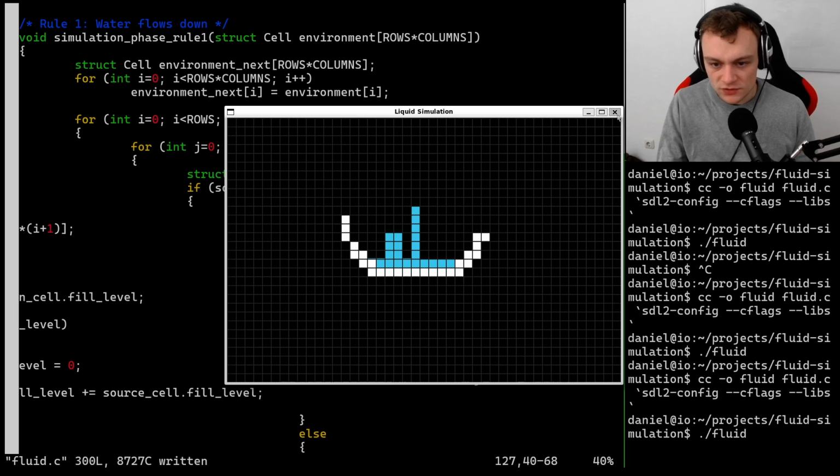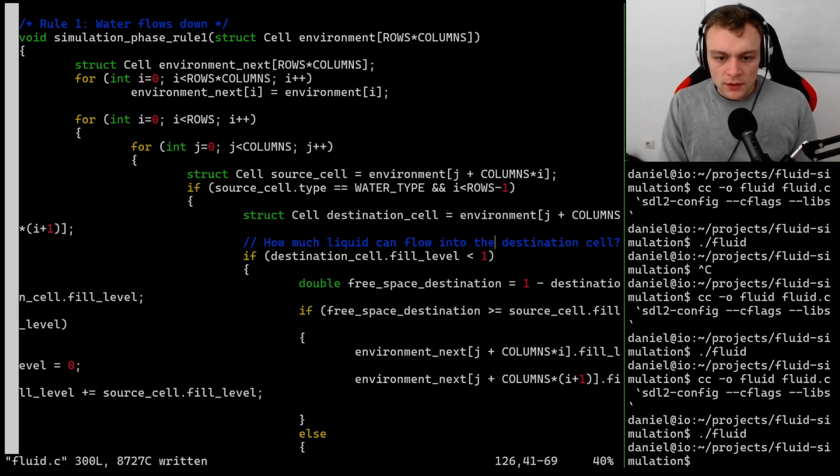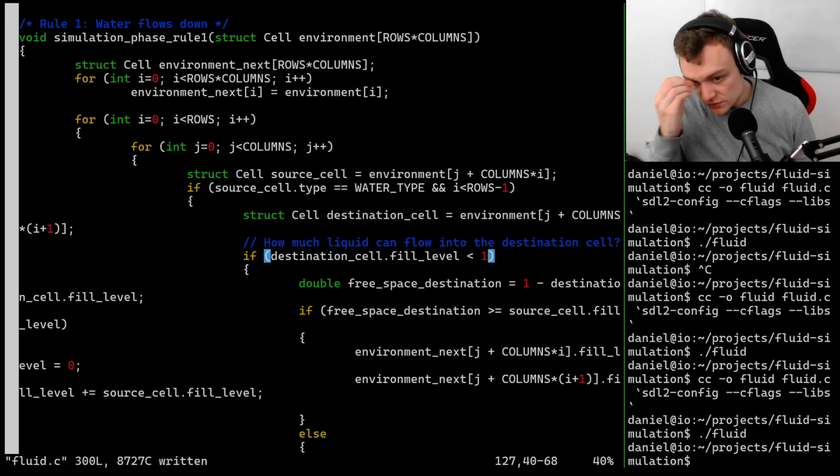No, this is not good. How much liquid can flow into the destination cell?